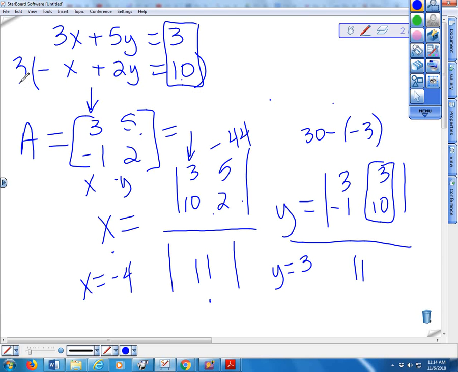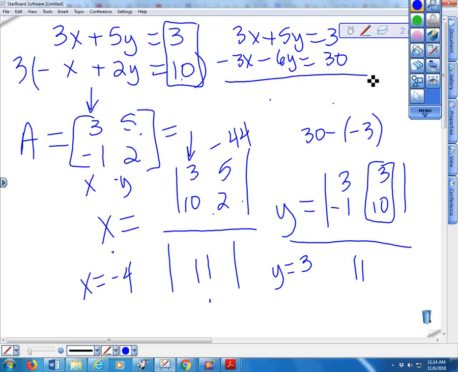So then I would have ended up with negative 3x minus 6y equals 30, right? Wouldn't that be plus 6y? Thank you. So then we get 11y equals 33. Y equals what? 3, which is what we got. Right? Yeah.